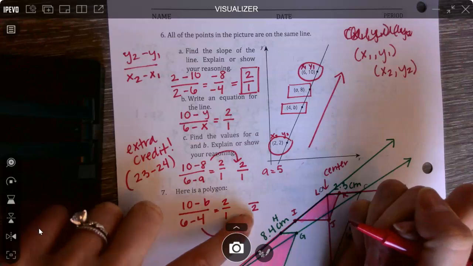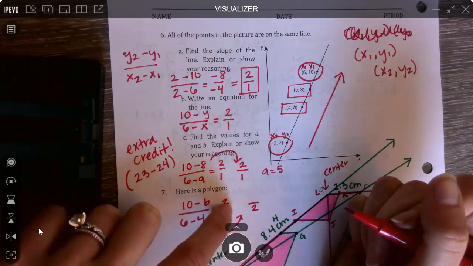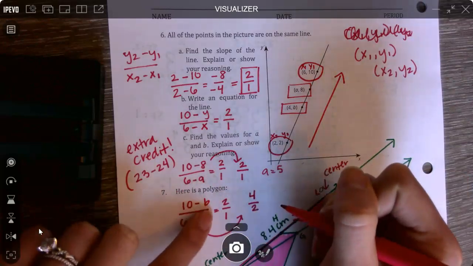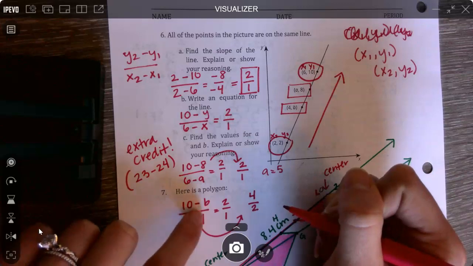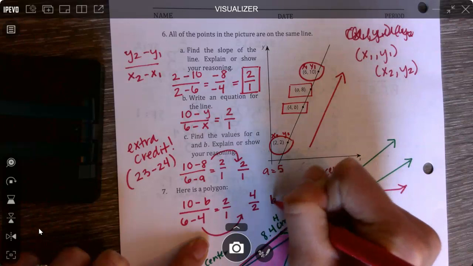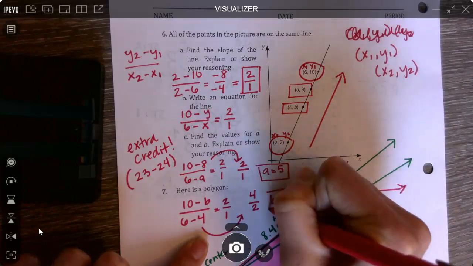Well, here I did times 2, right, because I want to keep an equivalent ratio. This would have to be times 2, 2. So I'm trying to get 4 over 2. Well, what value do I have to put for b to make 10 minus b equal to 4? That means that b is going to have to be equal to 6. So you got a is 5, b is 6.